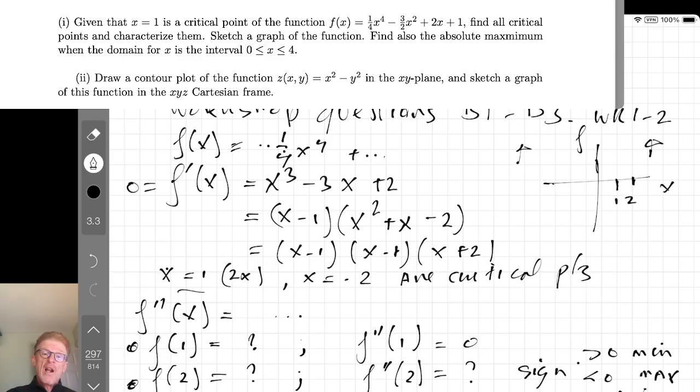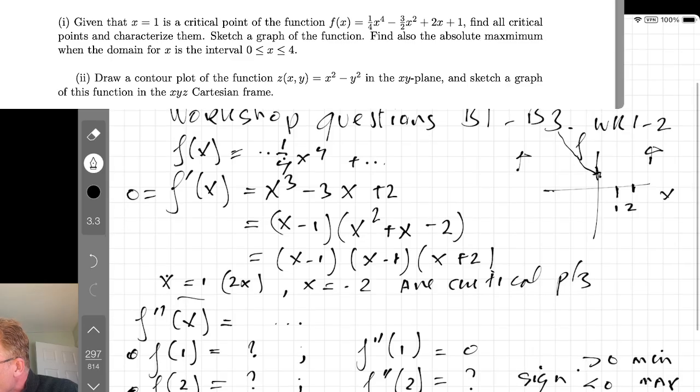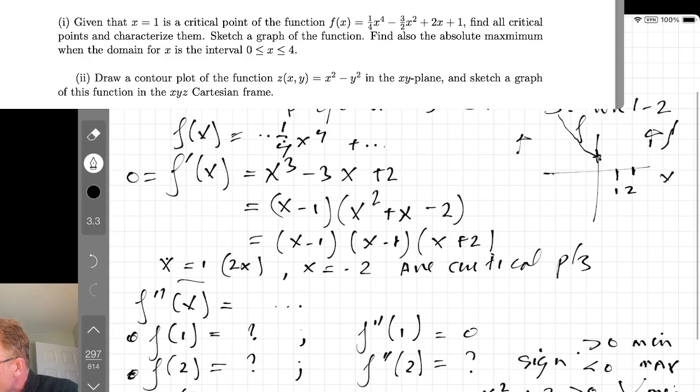Then you know that for very large negative and very large positive values, the function goes to plus infinity. So if f0 is 1 here, then you know that here it's going up a lot, and here it's somehow coming down, and then what it does in the middle depends on whether f of 2 is a minimum or not.